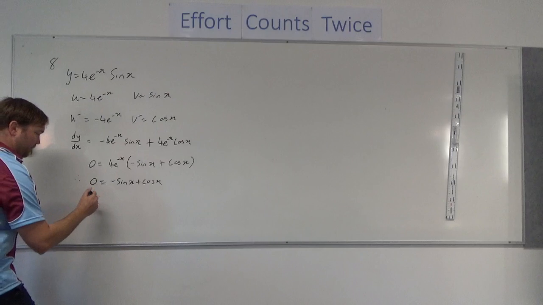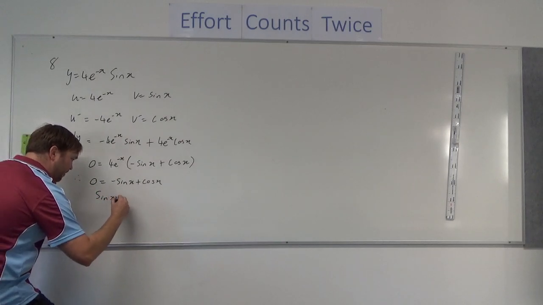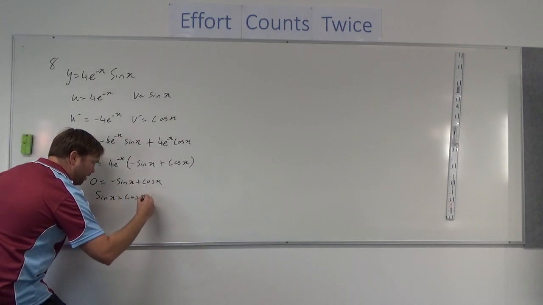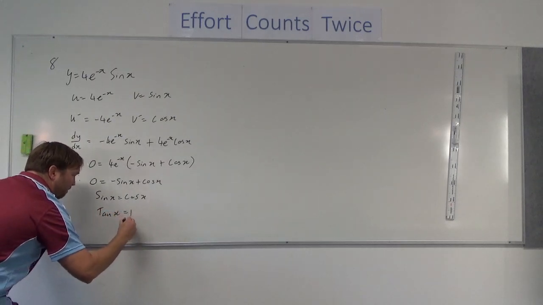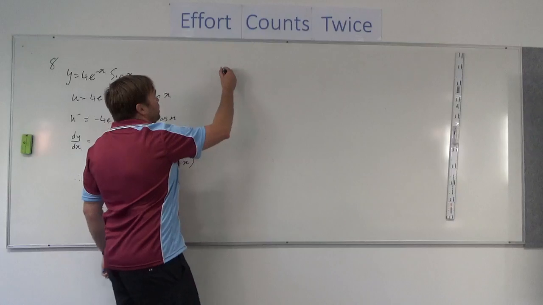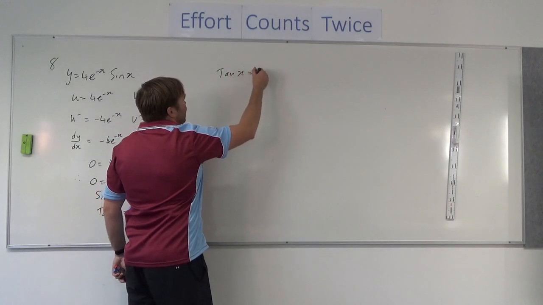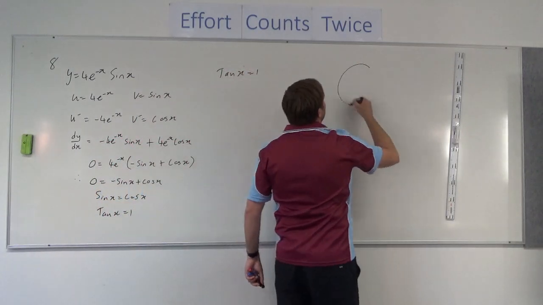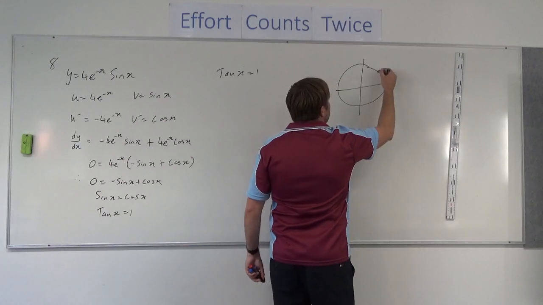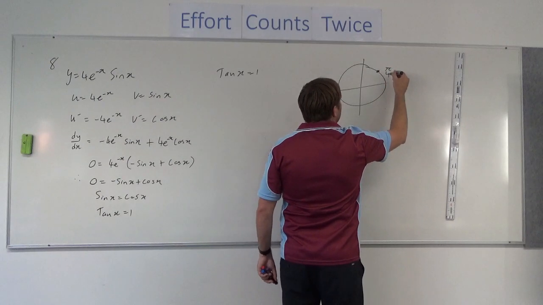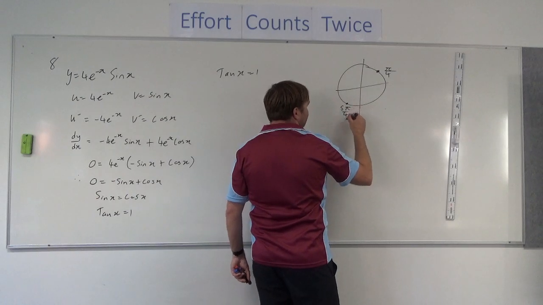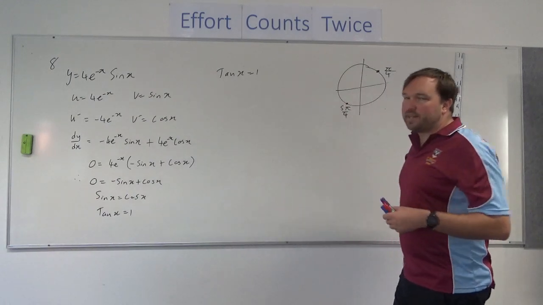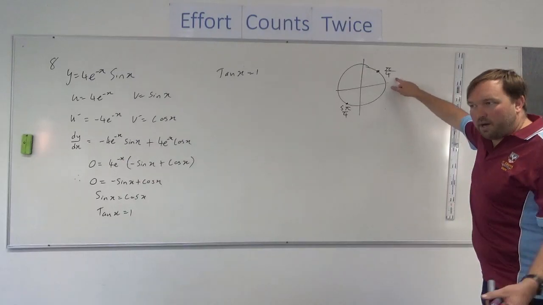I'm going to add sine to both sides. Then I'm going to divide by cos. And now I'm looking for when tan x equals 1. Tan x equals 1 here at pi on 4 and here at 5 pi on 4. So we're halfway there. We've got one of our solutions, pi on 4.